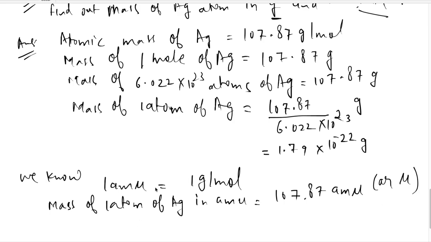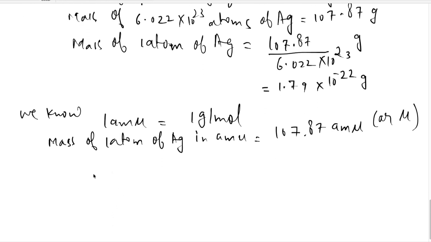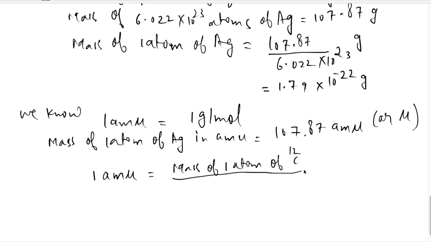But if you don't remember this formula, there is another way of doing it as well. We already know that 1 AMU is nothing but the mass of one atom of carbon 12 divided by 12. Whichever way you feel comfortable.